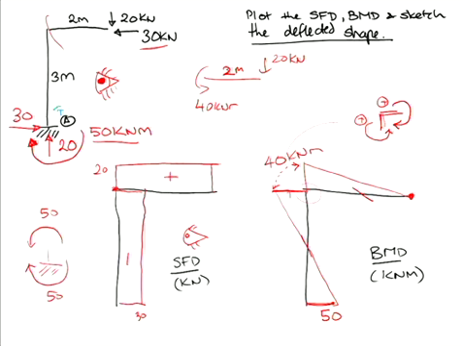Down here, from my bending moment diagram, because I draw it on the tension side, I have tension on the right, then I have tension on the left, and I have tension on the top. So what corresponds in my deflected shape to moment equal to 0? Yep, occurs where you have a point of inflection.